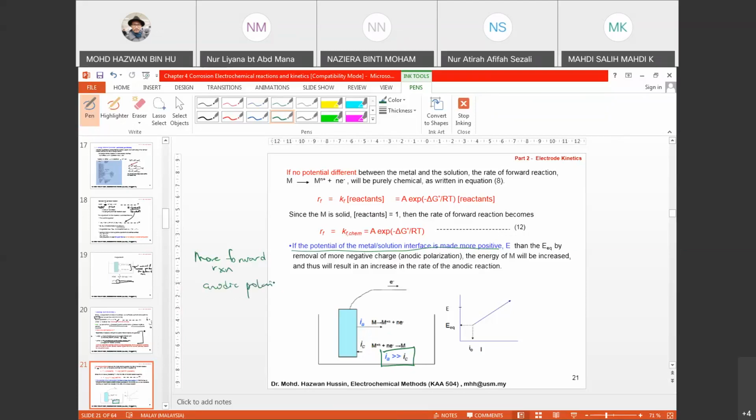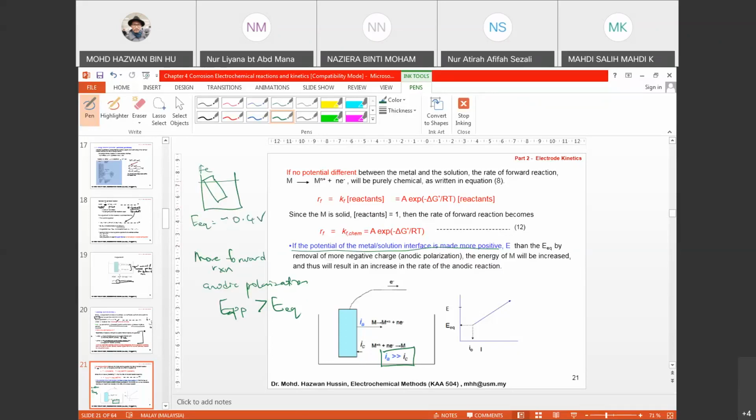Okay, and this is known to be anodic polarization. Anodic polarization means that the applied potential is greater than the equilibrium potential. For example, if you have metals like iron, the equilibrium or standard potential will be equal to minus 0.4 volts.